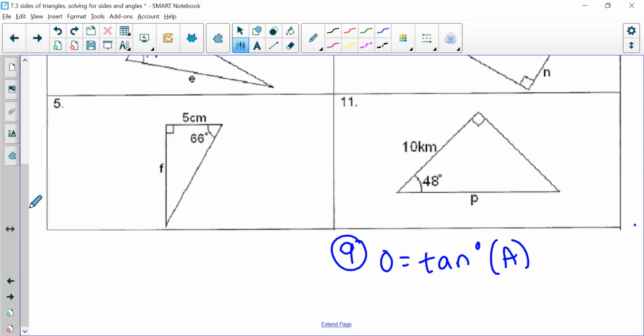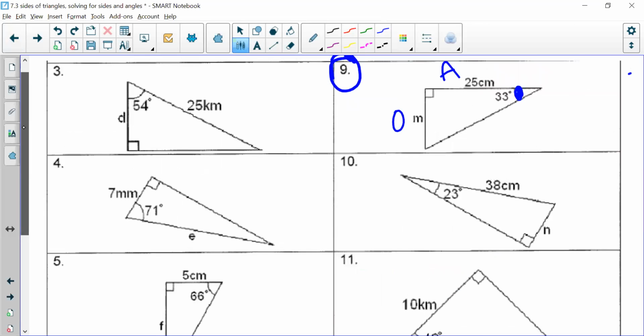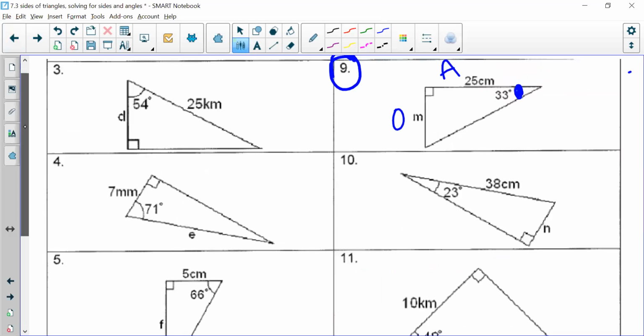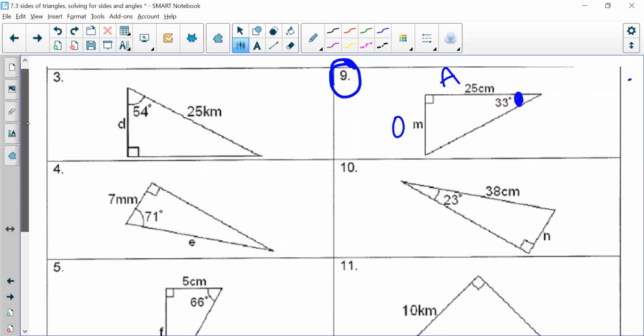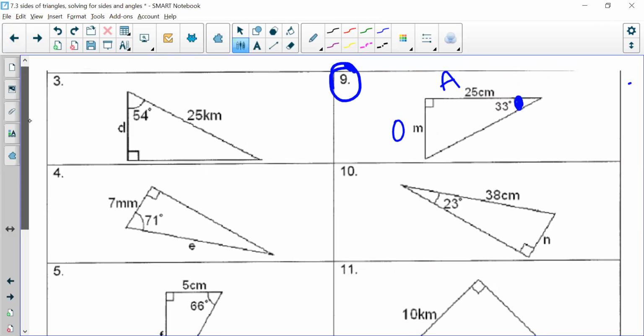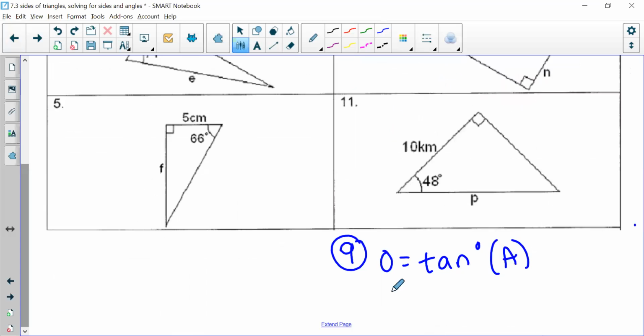How big is my angle measurement, number 9? 33. And how big is my adjacent side length? 25. Very good. So I'm going to plug in tan of 33 times 25. I forgot what variable I was working with.